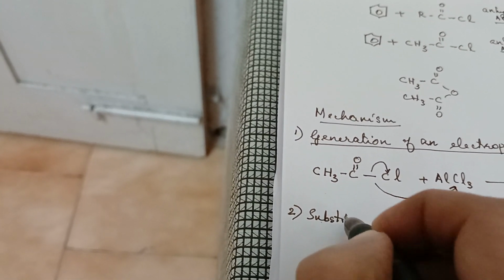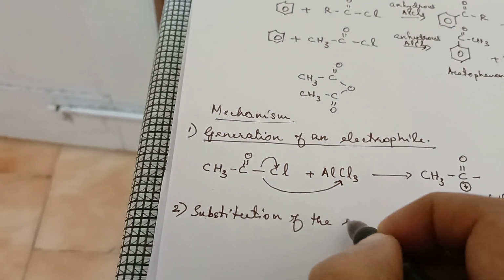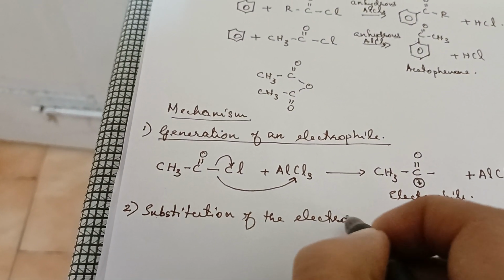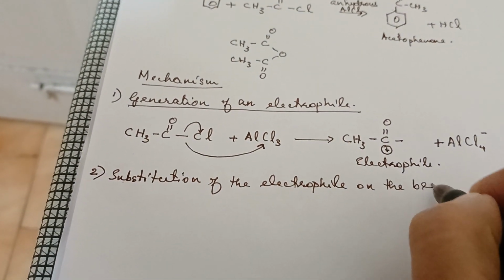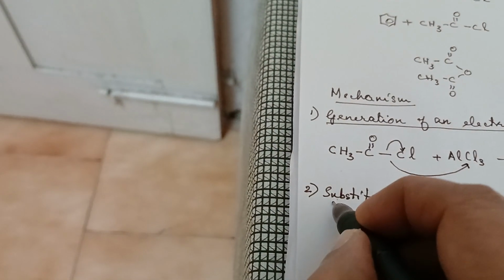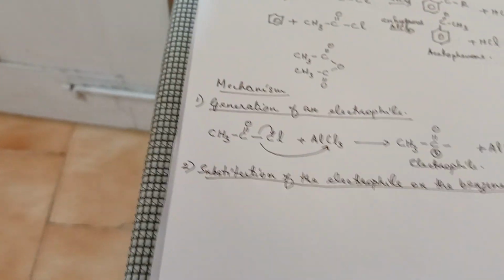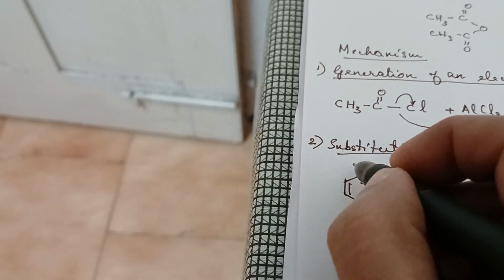Second one is substitution of the electrophile on the benzene ring. So it is substituting a hydrogen on the benzene ring. You can represent the benzene ring like this. There is a hydrogen here.